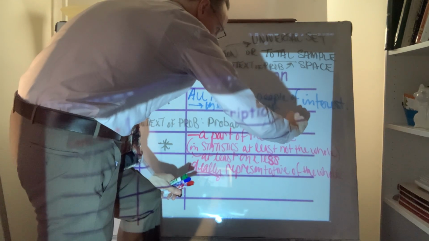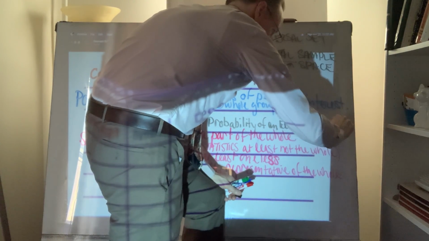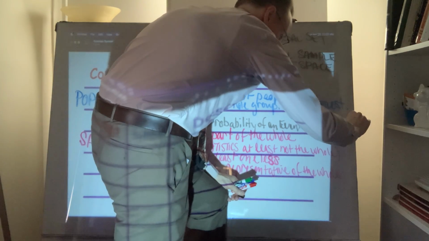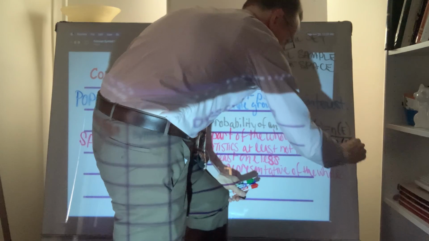So if you remember the formula for probability, it's usually written like this. The probability of an event is equal to the number of outcomes favorable to that event over the total number in the sample space.